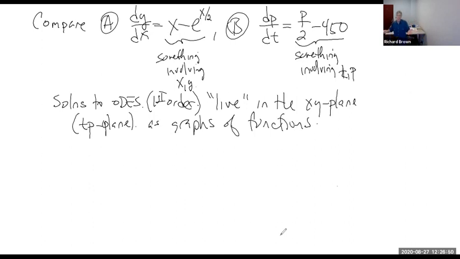Just like in calculus, what we'll be doing in this class is graphing solutions to differential equations and then looking at their properties as they relate to the actual differential equation.